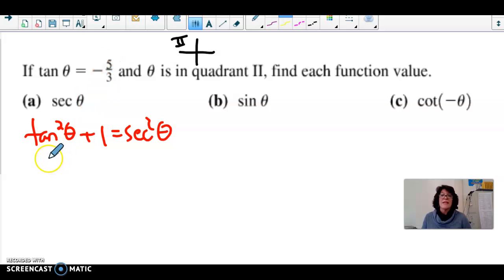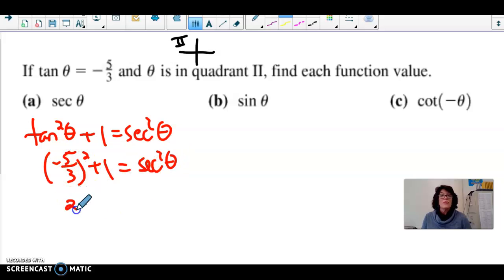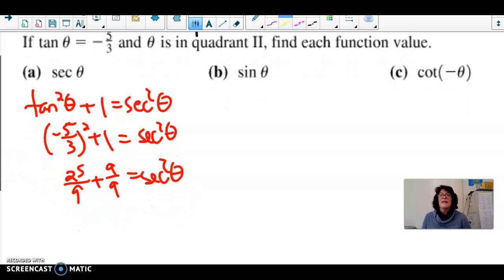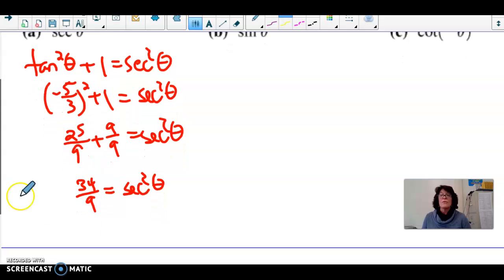-5/3 is the tangent, so I'm taking -5/3 and squaring it and adding 1, and that'll give me secant squared. So that's 25/9 plus 1. I'm going to call that 9/9. 25 plus 9 is 34. So 34/9, at least I know what secant squared is. So what is secant? Well, it's the square root of that.